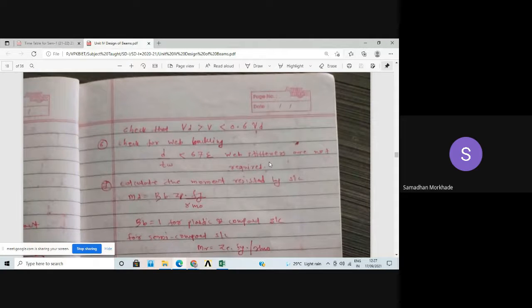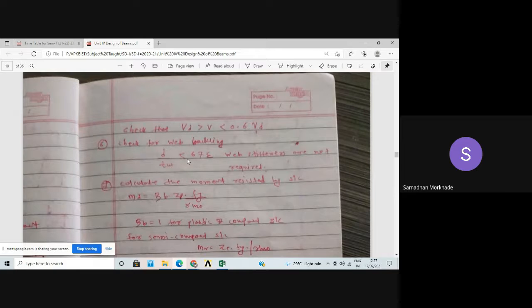Okay, a plate girder is a deep beam, meaning the depth of the beam will be more than 1 meter, 1000 mm. But in case of a beam, we are not crossing 600 mm. Okay, the maximum available depth of our rolled section is 600.